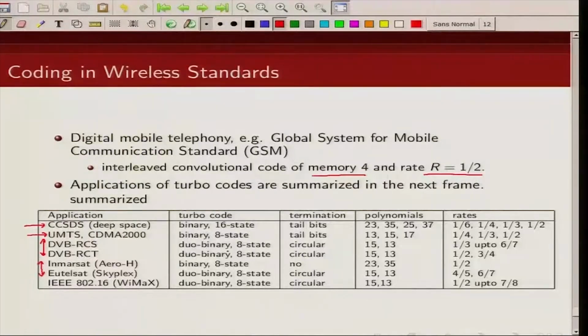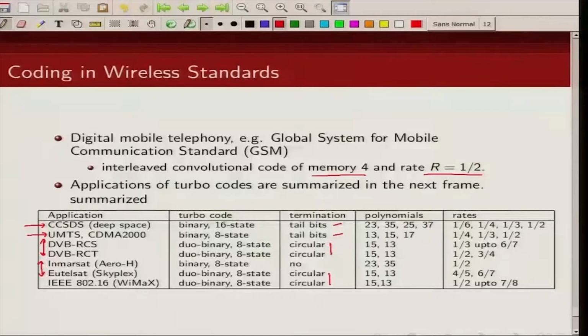This duo-binary turbo code essentially uses a rate k by n code, where k is greater than 1, and there are additional tail bits that have been added in some of the cases for termination of the encoder. In some cases where you see this circular thing, they have used a circular recursive encoder.